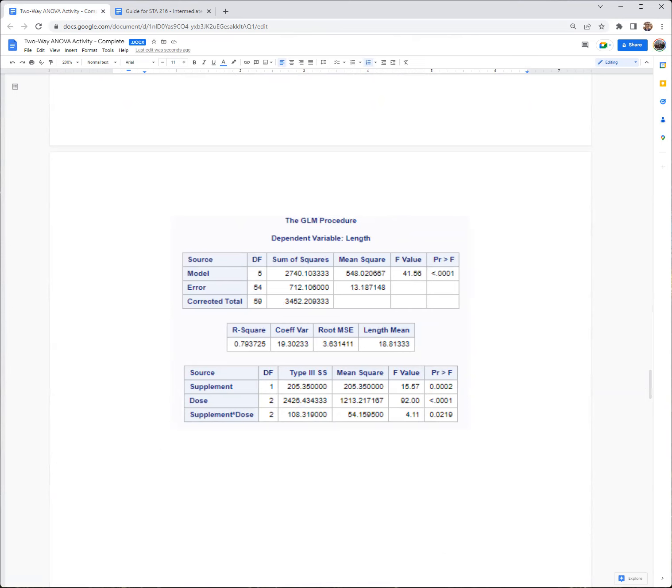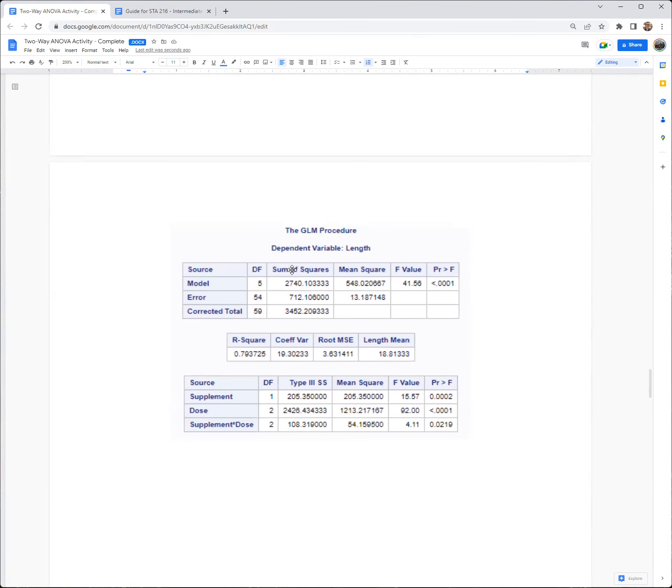The two-way ANOVA model is a specific case of a regression model, and more generally, it's a specific case of what's called a generalized linear model, which is a large class of regression type models. So here, SS groups is going to come from the model sum of squares cell. So right here. So SS groups is 2740.10.